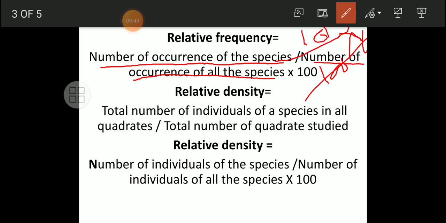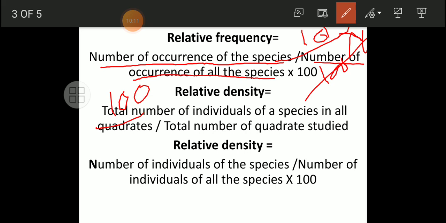Now relative density: total number of individuals of the species in all quadrats, divided by total number of quadrats studied. So the total number of individuals of a species, suppose Parthenium hysterophorus, गाजर गवत, काँग्रेस आहे, ते आपल्याला किती सापडलं टोटल? तर समजा एक 100.